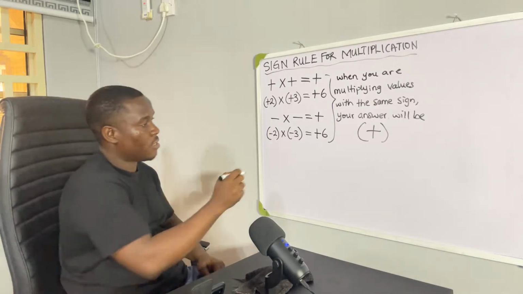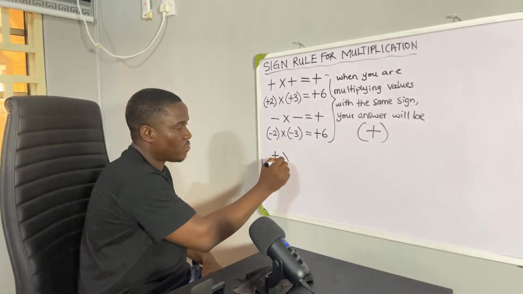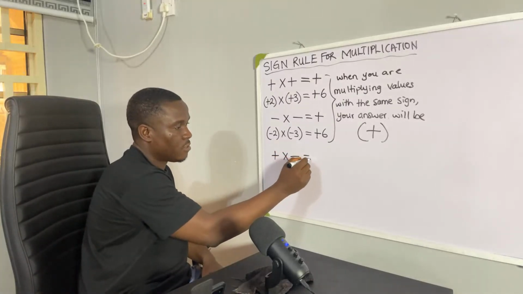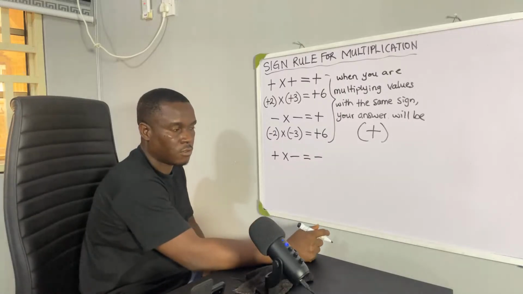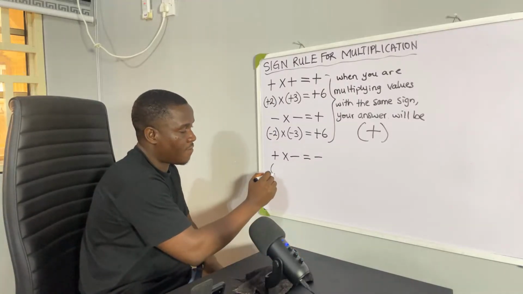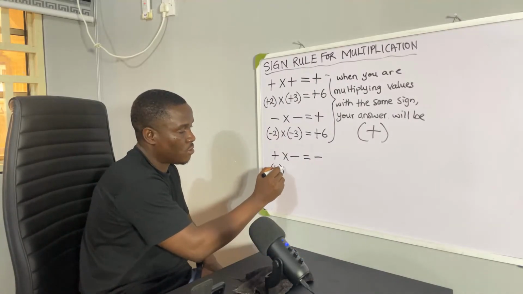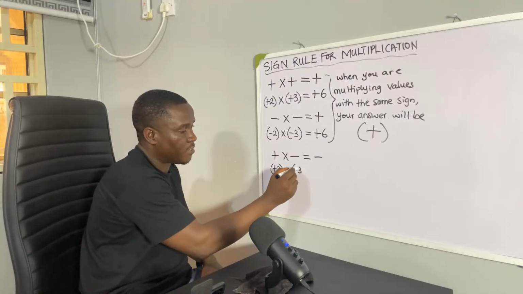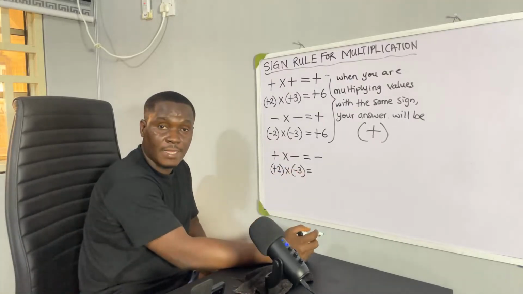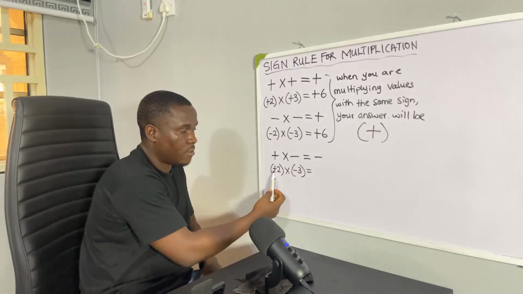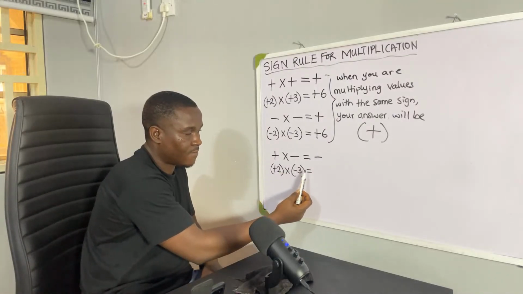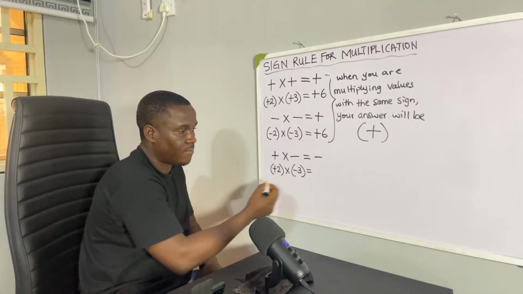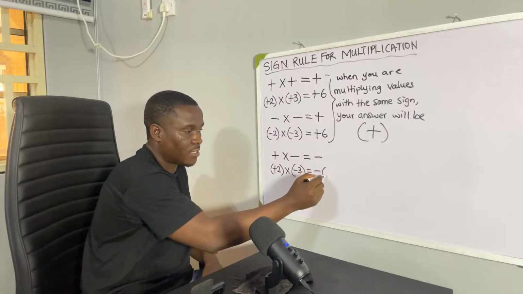On the other hand, if I have positive multiplying negative, the answer will be negative. So if I have positive 2 multiplying negative 3, first I multiply the signs. It gives me negative 6.